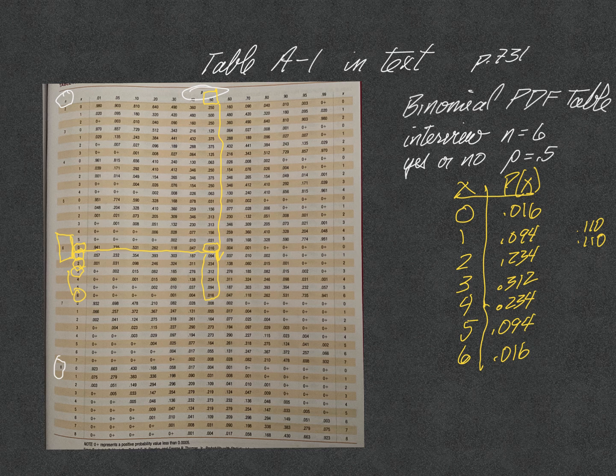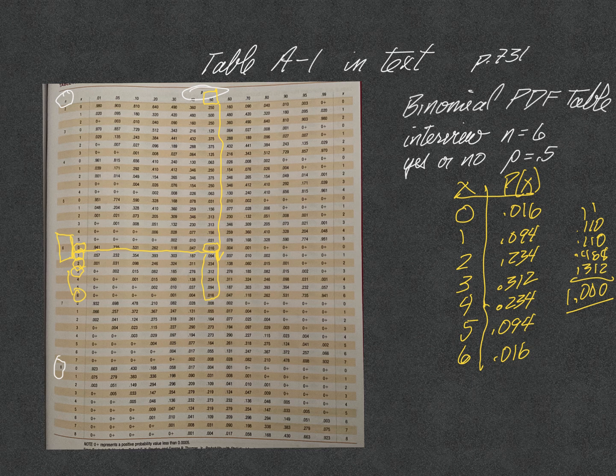And then I have a 0.234 and a 0.234, which is 0.468. And then I have the 0.312, and that gives me 0, carry 1, 0, carry 1, 0, carry 1. It adds up to 1. So this is a discrete probability distribution. So it fits all the things we've talked about up to now.